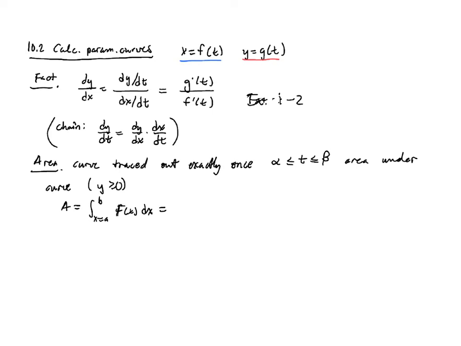Let's use a capital F here, where I'm looking at y equals F of x. This is another way of writing the integral from x equals a to b of y times dx.